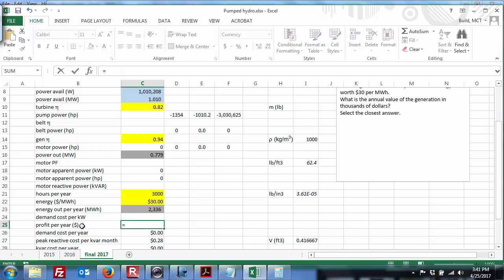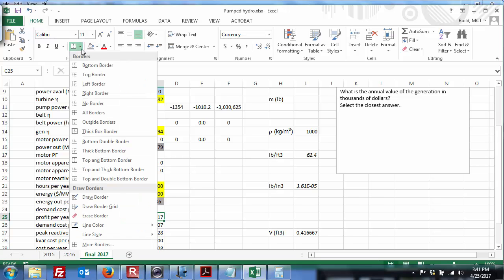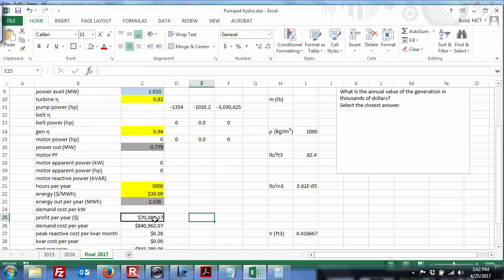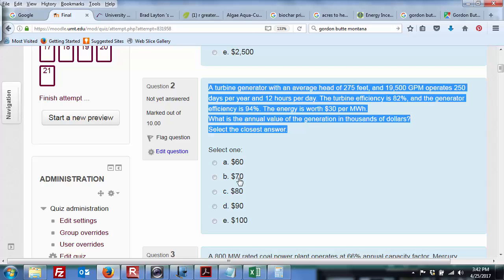That equals megawatt hours times dollars per megawatt hour. Didn't you have that already once? Yes, you did. Triple check, triple bottom line. Nothing wrong with that. All right, so I'll just put that in bold. That's the answer. Ding, ding, $70,000.